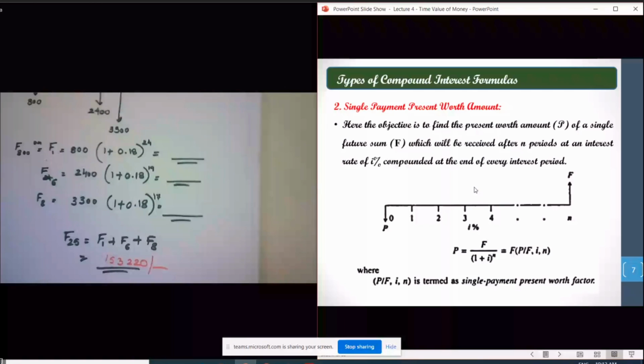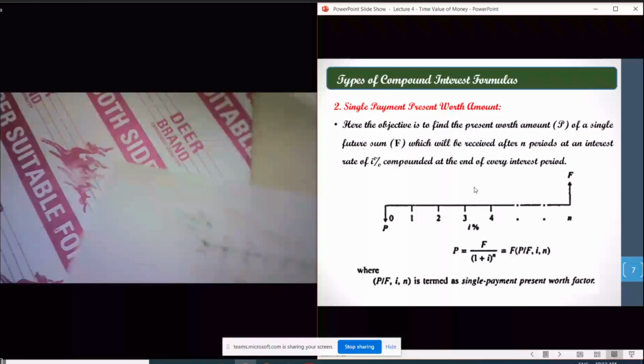Say for example, I want to have say 50,000 rupees after 2 years. So after 2 years, I should have 50,000 rupees in my account. In order to get that 50,000, how much amount I have to deposit now? That is the question.